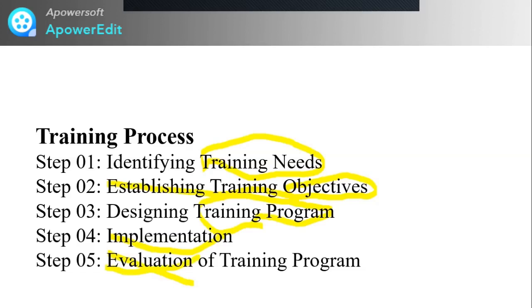Therefore, we have to evaluate the training program. So there are: identifying training needs, step 1; establishing training objectives, step 2; designing the training program, step 3; implementation, step 4; evaluation of the training program, step 5. I use these 5 steps to explain the training process. This session covers step 1, identifying training needs.